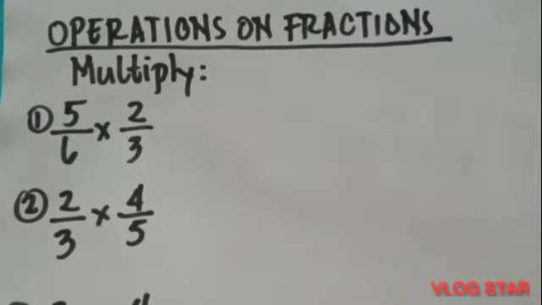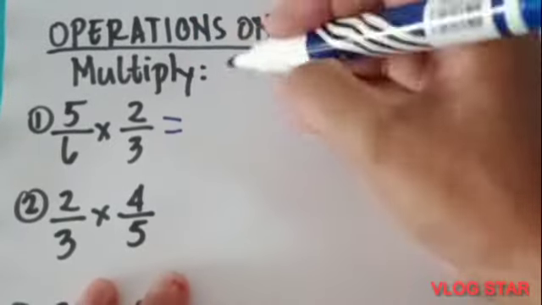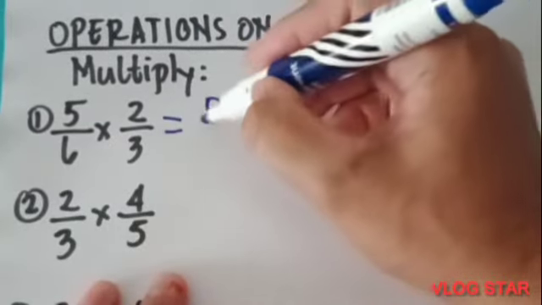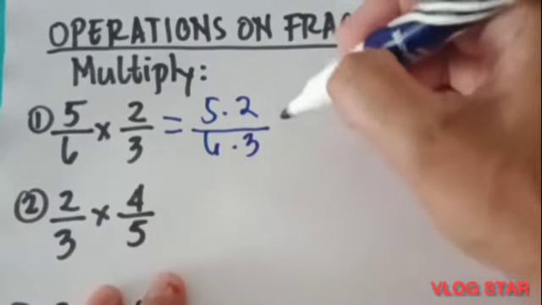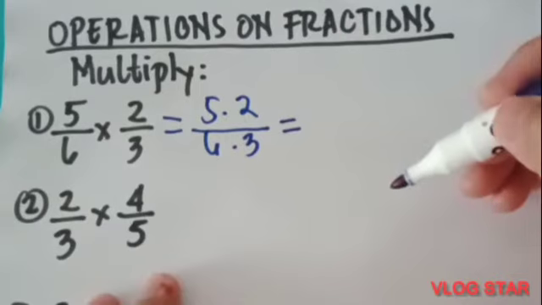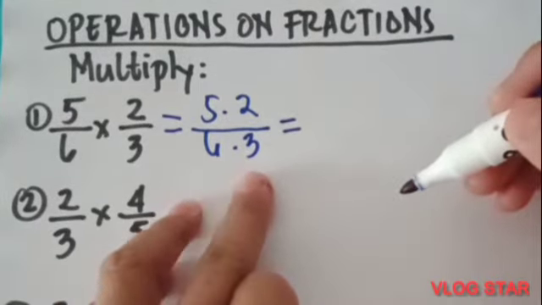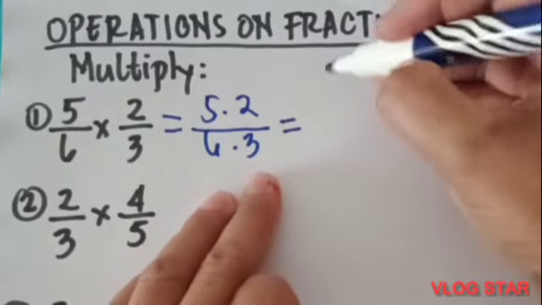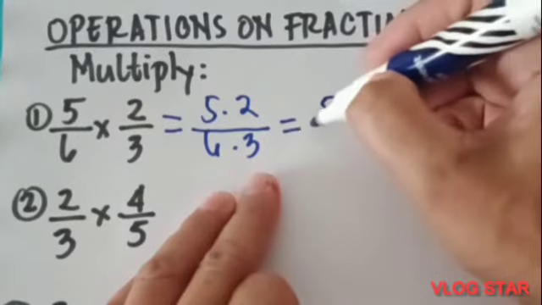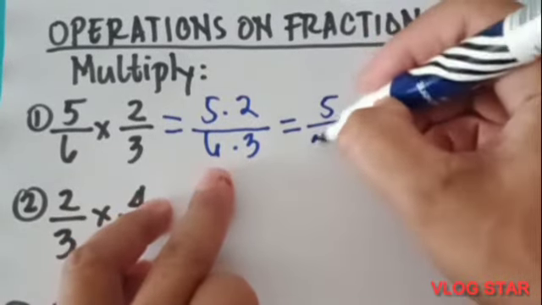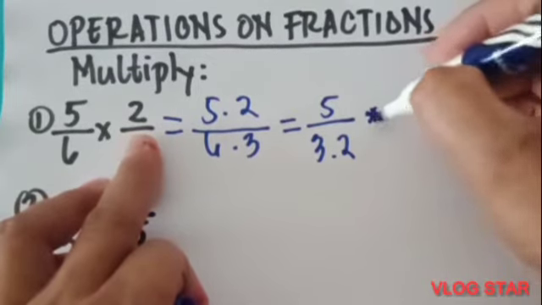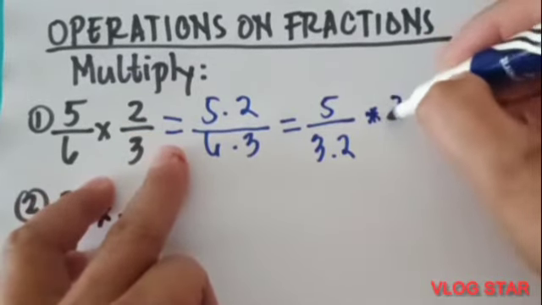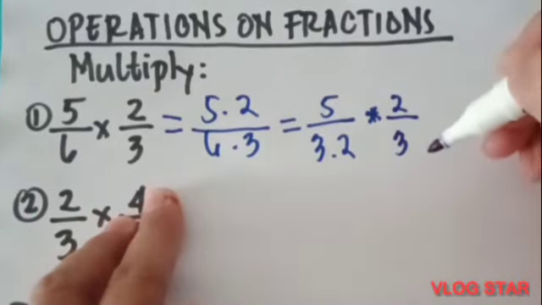So, ang number 1 ay 5/6 times 2/3 is equals to 5 times 2 over 6 times 3 equals, or kung ipa-prime factor na natin, yung 5, ang prime factor ng 5 is 5, yung 6 is 3 and 2, times muna pala, yung 2 is 2 pa rin, yung 3 is 3.